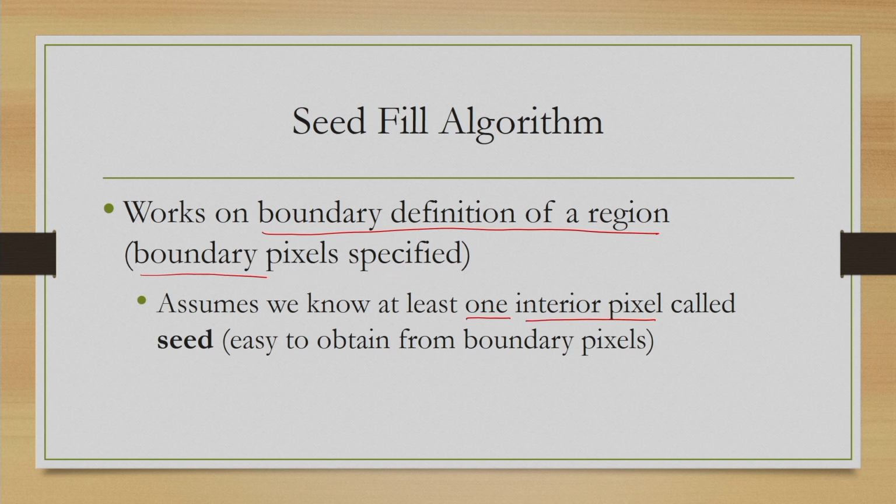Now, that pixel is called the seed pixel, and if we know the boundary pixels, we can decide on any seed pixel. It is easy. Because we are dealing with a seed pixel, the algorithm is named seed fill algorithm. So, we have a seed pixel and we have boundary definitions of the region in terms of pixels.